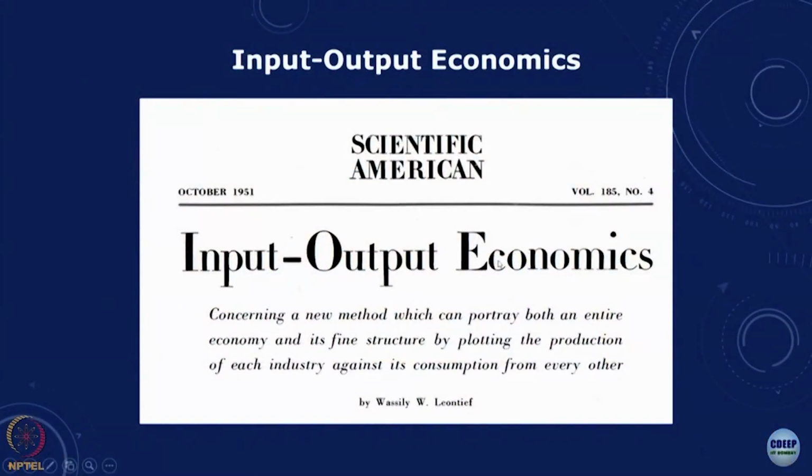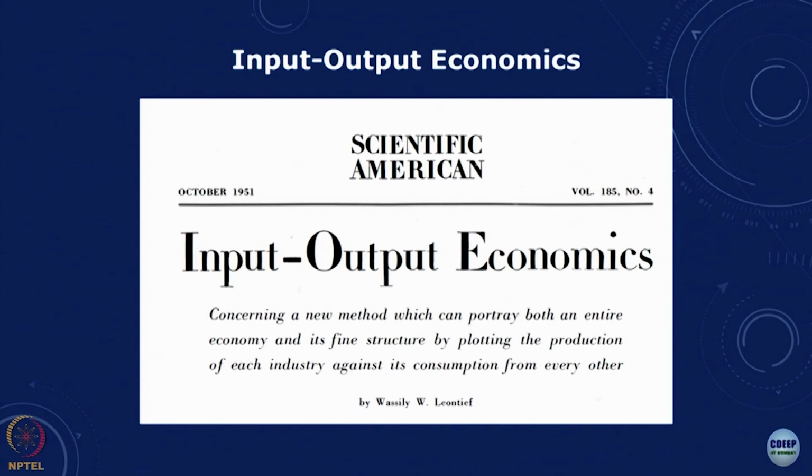So this is the Scientific American paper, Input-Output Economics, and he said that we are concerning a new method which can portray both an entire economy and its fine structure by plotting the production of each industry against its consumption from every other sector.